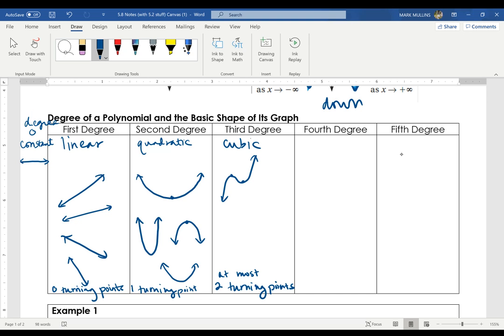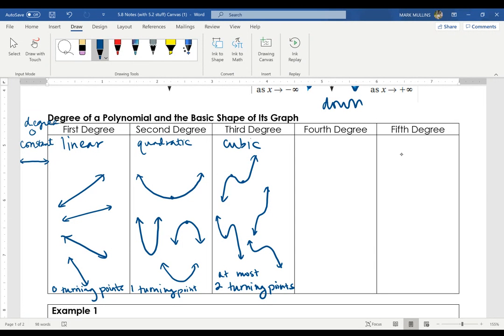It could be a little more flattened out, more like that, where it almost just looks like one point of inflection in the middle. It could be upside down, and they could be different lengths like this. So all different, it could be stretched out. So all different shapes for cubic graphs. But again, at most 2 turning points.